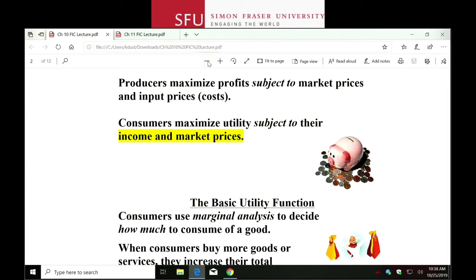Now, in general, the more stuff we have, the more utility we will have, right? So the more satisfaction from life we will have, the more stuff we have. But as we buy more and more of one particular thing, what will happen to the marginal amount of satisfaction that we'll get from more and more of one particular type of good?